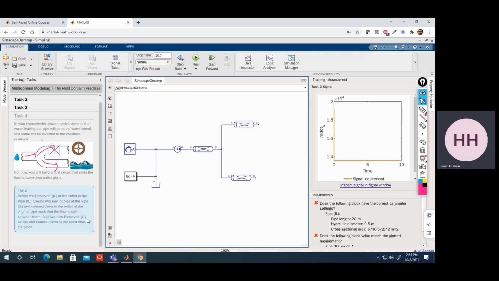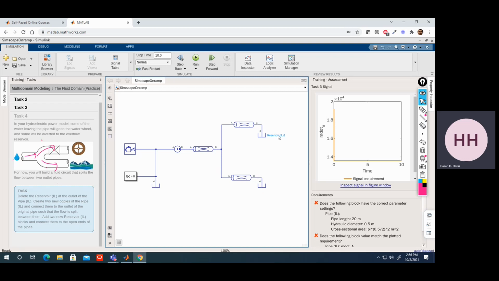Add two new reservoir blocks and connect them to the open ends of the pipes. Okay, they ask you to add two reservoirs here and connect them to the open ends. So here you go, you add reservoir A to here and you add B to here.